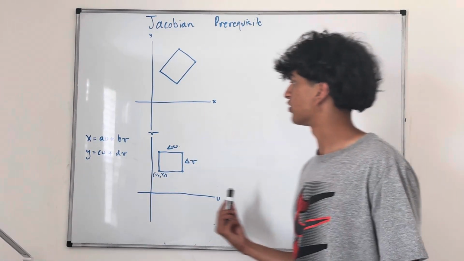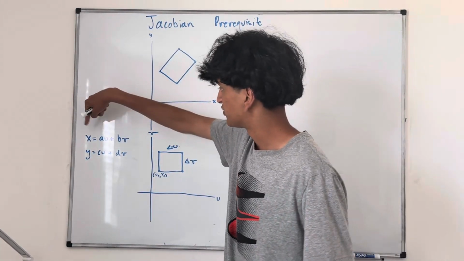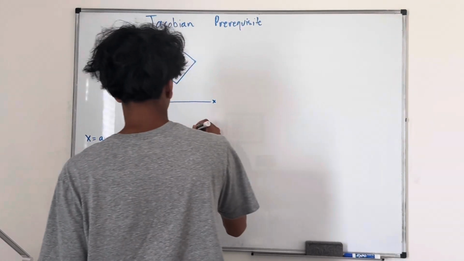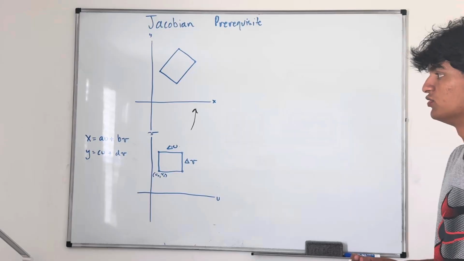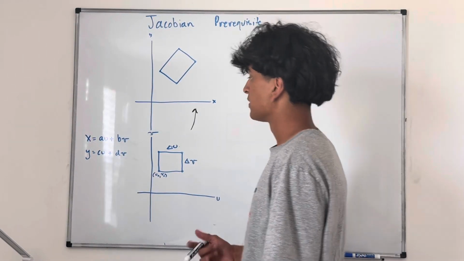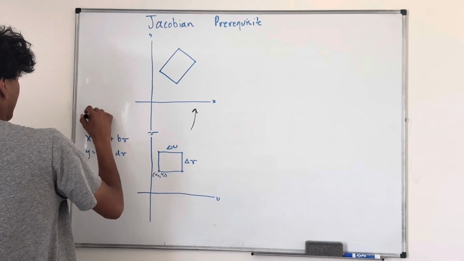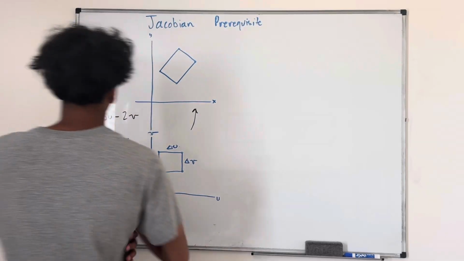And what I have right here are the equations that say, to transform from UV to XY, we set X equal to some constant A times U plus B times V. For example, let's say X equals 3U minus 2V.